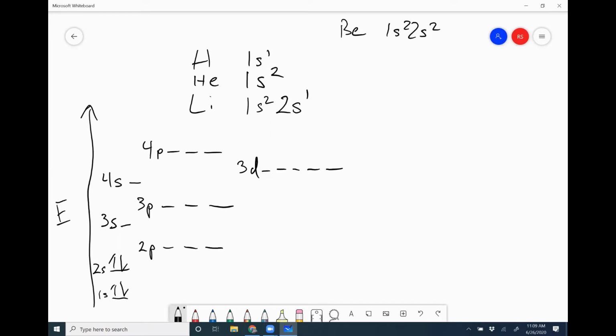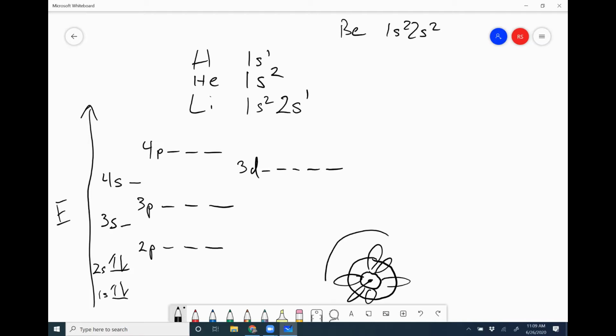So the number to the left is what's called the principal quantum number, and that is the energy level. You can think of it as balloons inside balloons. If this is the nucleus, the 1s is the smallest shell. And then in the 2s, there's this shell, but there's also those p orbitals existing in there.